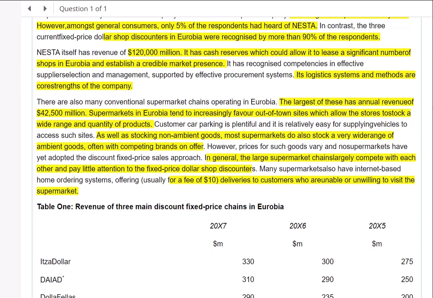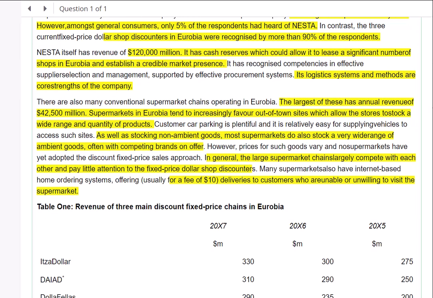Even though existing competition is high, new entrants like Nesta may face resistance, because people know that currently there are three dominant competitors already leading the market, and people could resist if they have to switch to a new supplier or new market entrants like Nesta.